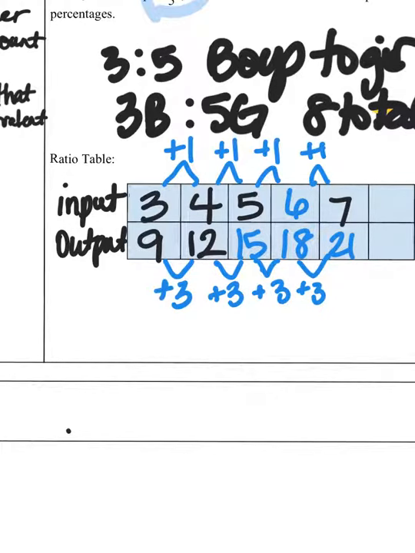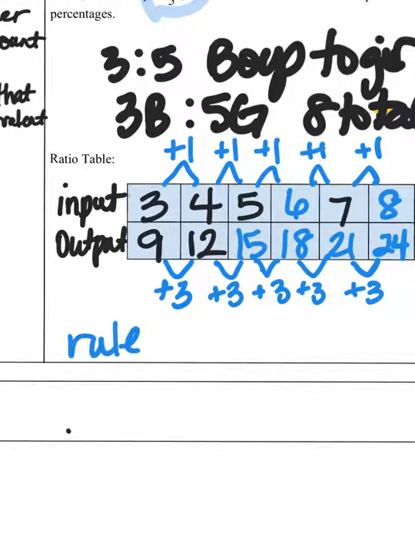Now I want you to think about if I put a 24 in here as an output, what number would I have had to put into the machine using that same rule to get out a 24? Well, that number would be an 8 because I'm still increasing by 1. So think about what the rule is for this.